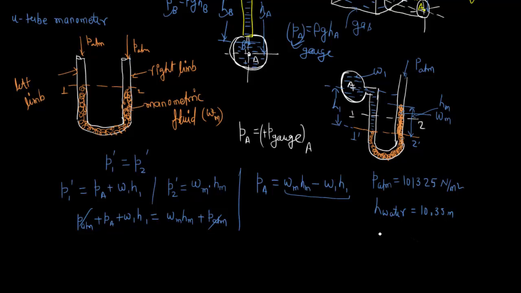But if I'm using mercury in this case, then the mercury only requires approximately 760 mm. So obviously at this point 1 dash, as this is water, it will require more height, but as this fluid is heavier, it will require less height to measure. So by using U-tube manometers, we can easily calculate the higher pressure values.